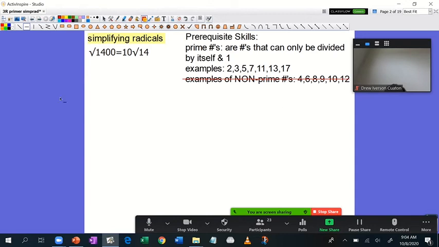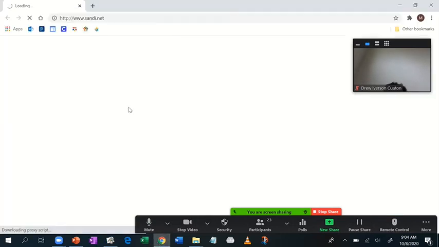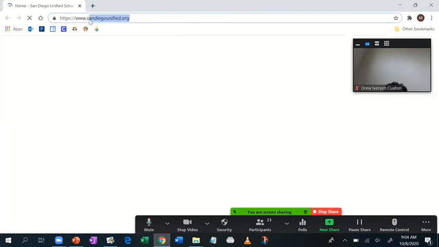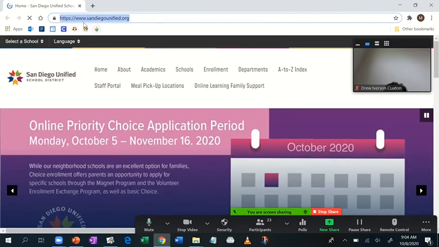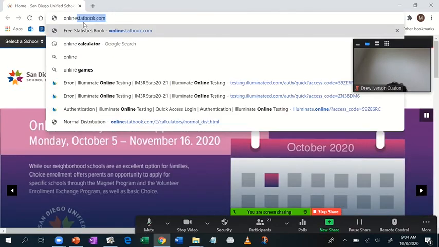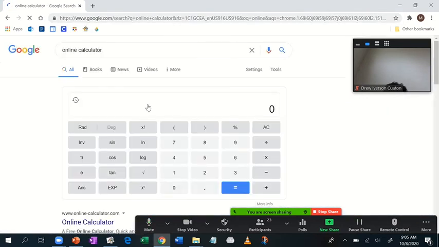Okay? So now let's simplify this radical. I want you to keep in mind this radical is over the whole 1400. It's over the whole 14. So let me show you something. I'm going to go on my Google online calculator, and I'm going to go square root right here.